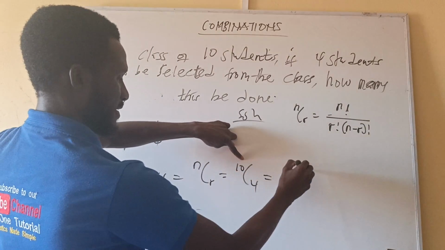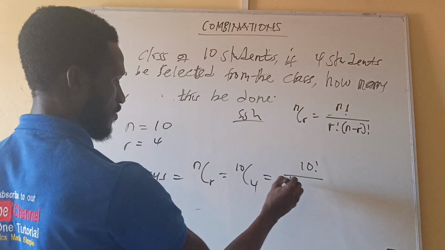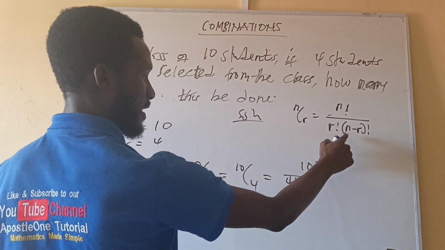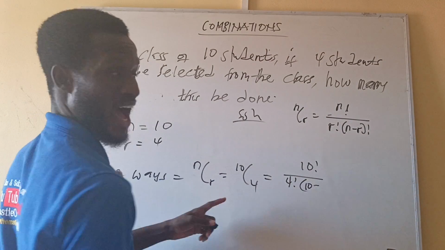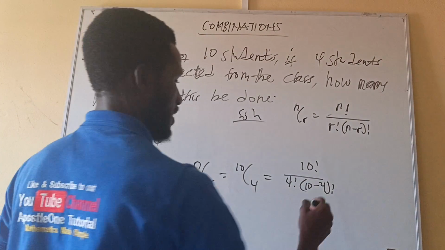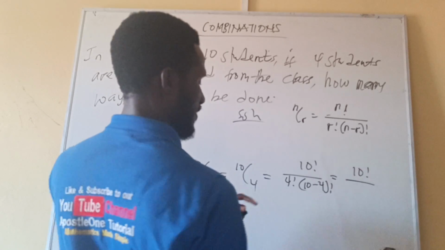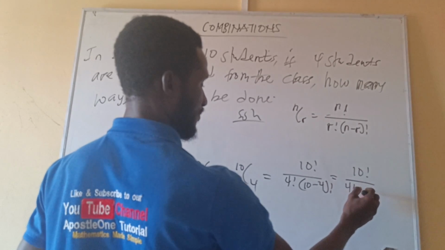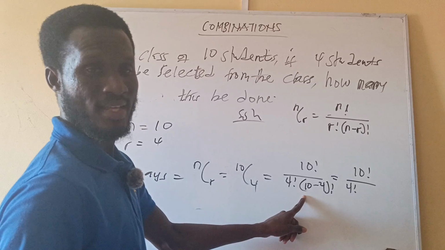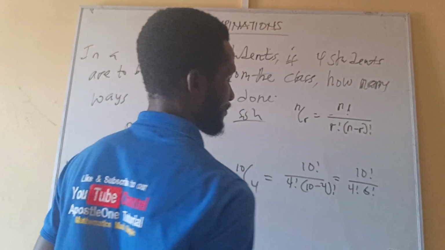So n is 10, so 10 factorial divided by 4 factorial, multiplying 10 minus 4, which is 6 factorial. Now, what are we going to get? We are going to get 10 factorial divided by 4 factorial, multiplying 10 minus 4, which is 6 factorial.